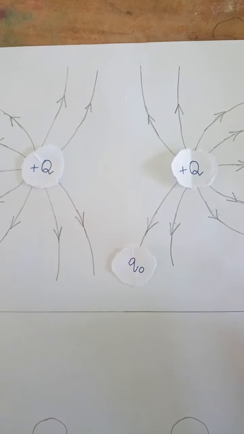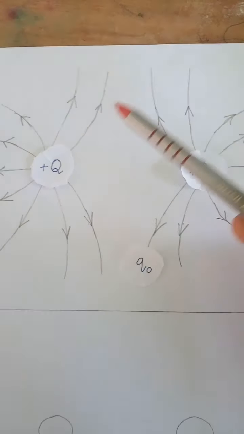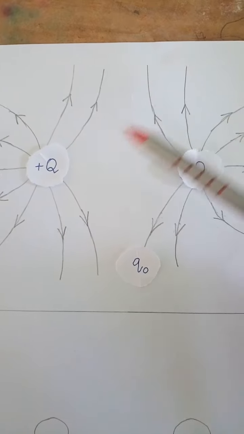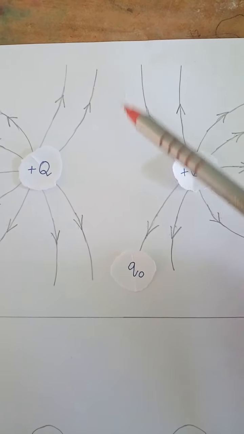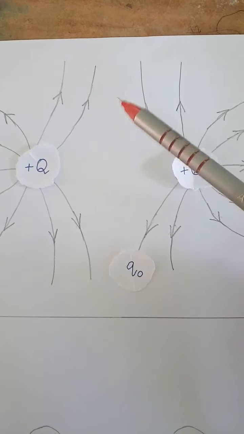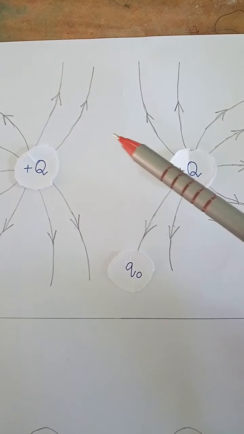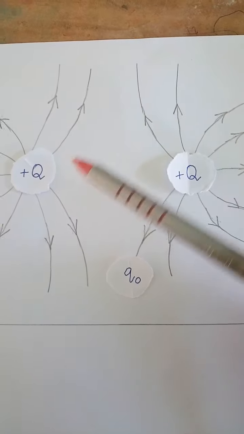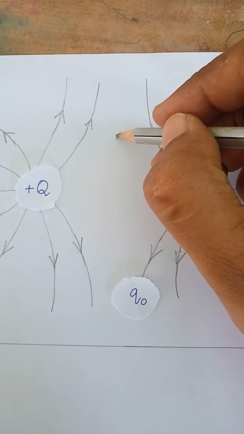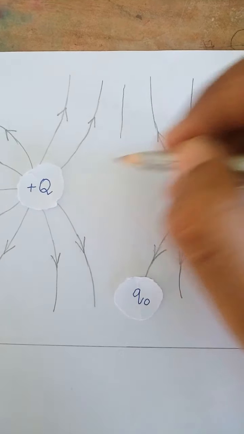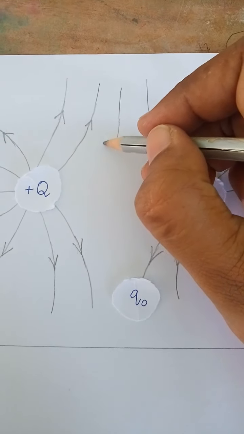So based on that, I have drawn the field lines. You can see that they are moving outward, and because both of them are positive, in between their influence is getting cancelled out and there is no field line in between. Or you can say in between there will be a situation where the influence of both these charges will add up here.